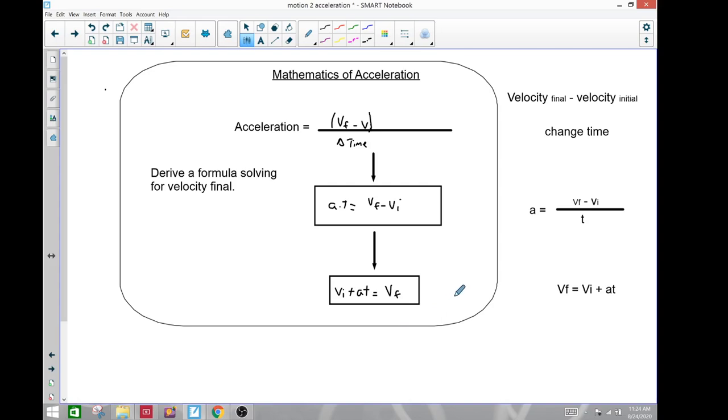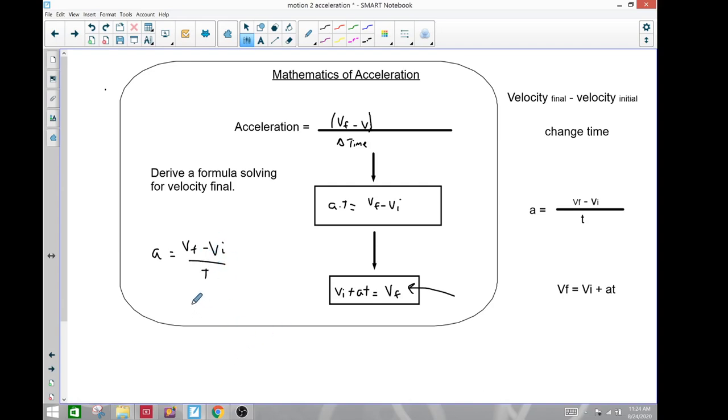And this is a super common formula for us mathematically. Again, acceleration equals Vf minus Vi over t, divided by your time.